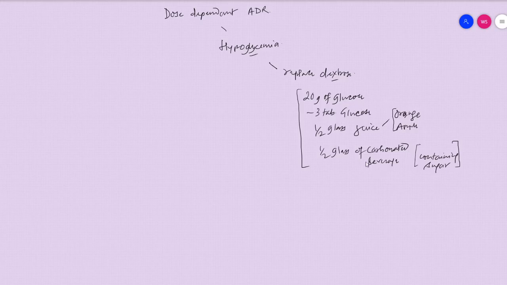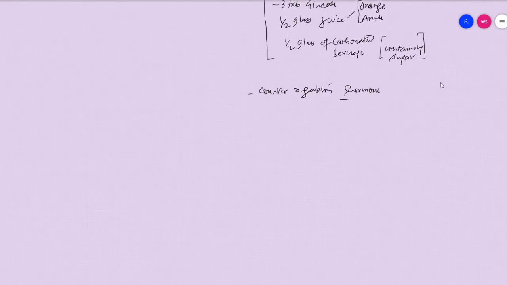If you have access to this, the other way you treat would be to give the counter-regulatory hormone. And which is the counter-regulatory hormone to insulin? You are absolutely right. It is glucagon.